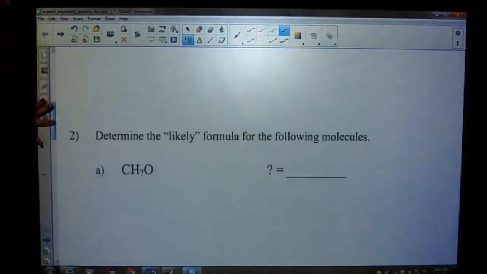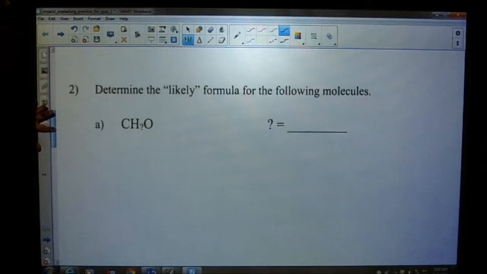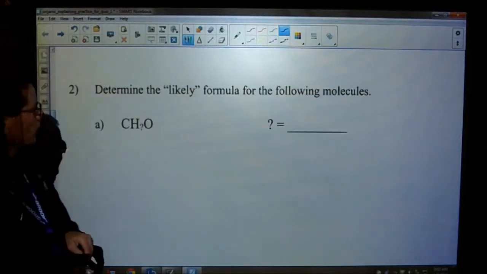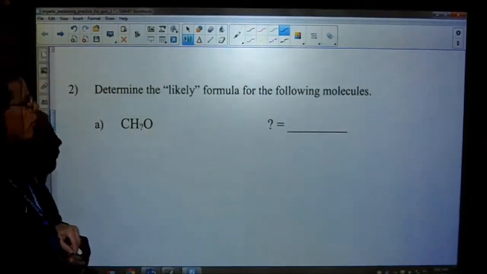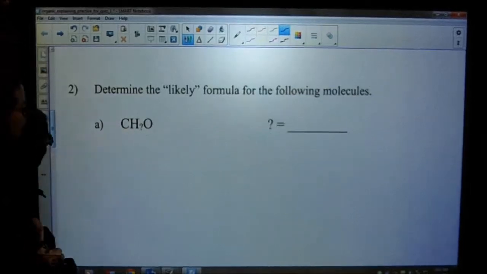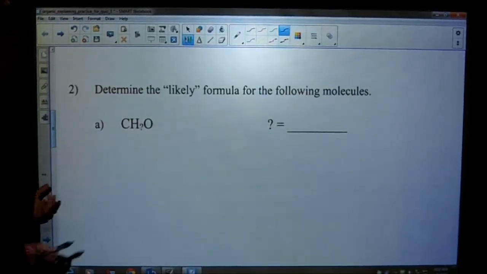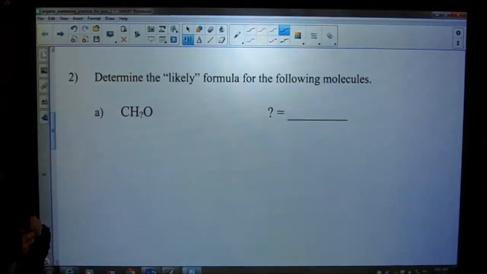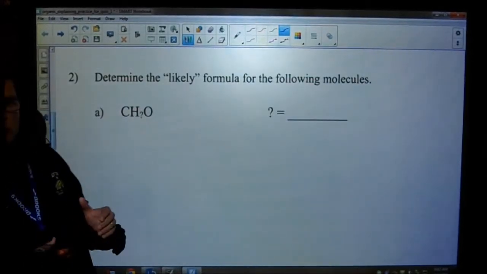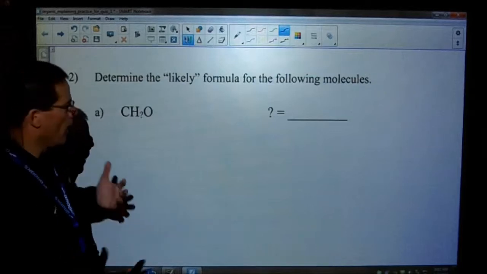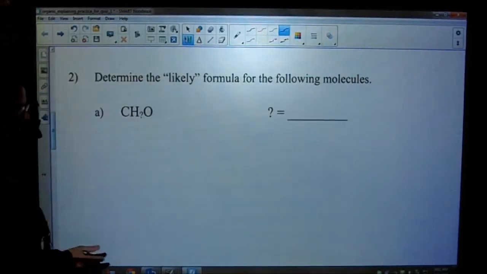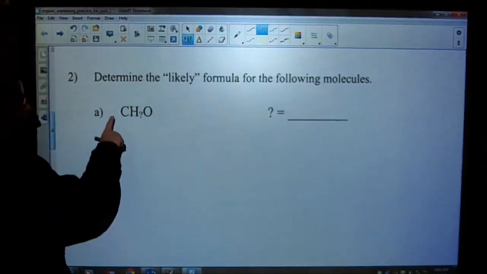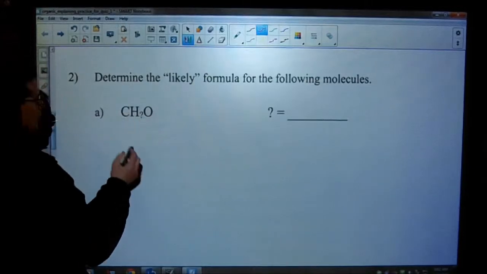All right, looking at number 2, it says determine the likely or most likely formula for the following molecule. So here in this case we have CH question mark and then oxygen. Now probably one of the better ways to solve this is to draw the Lewis structure. And by drawing the Lewis structure, make sure that you're actually indicating how many electrons are in the Lewis structure.